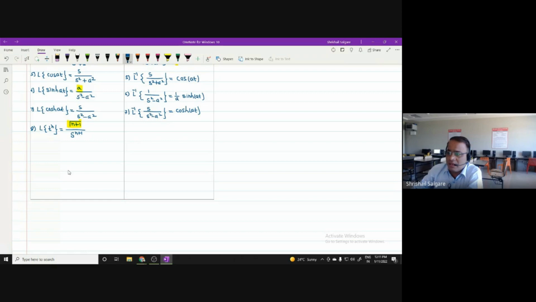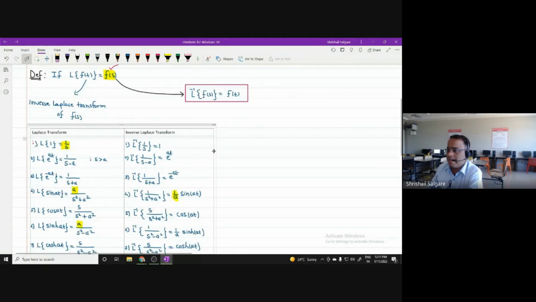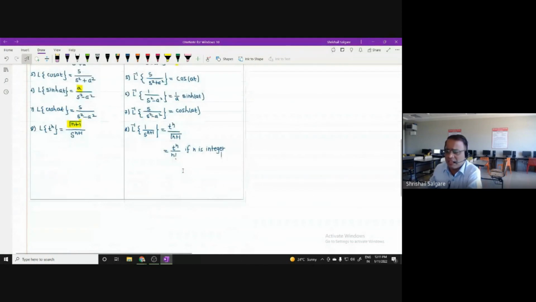So L inverse of 1 upon s raised to n plus 1 is given by t raised to n divided by gamma of n plus 1. Further it can be written as t raised to n upon n factorial, if n is an integer. If n is an integer, both results you can use. If n is not an integer, the earlier result you have to use.